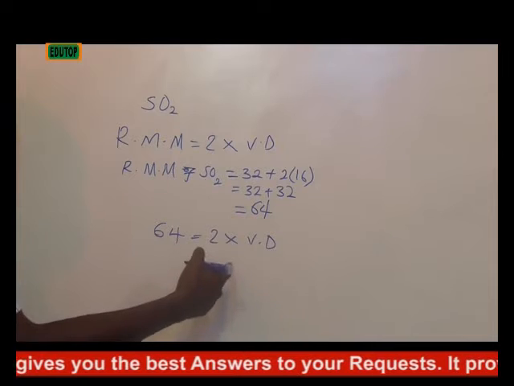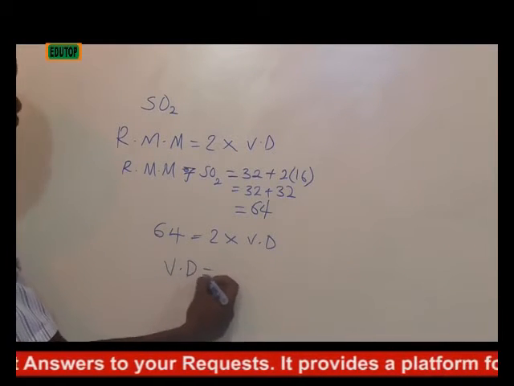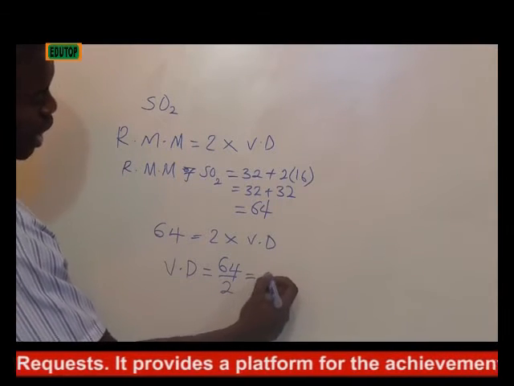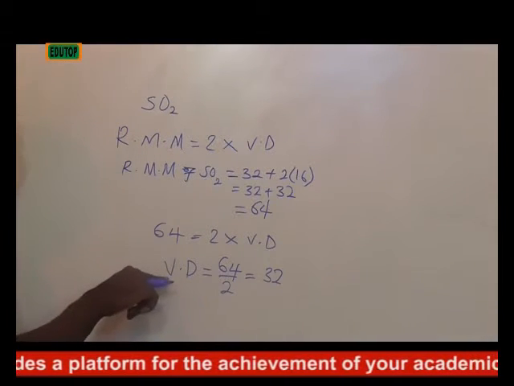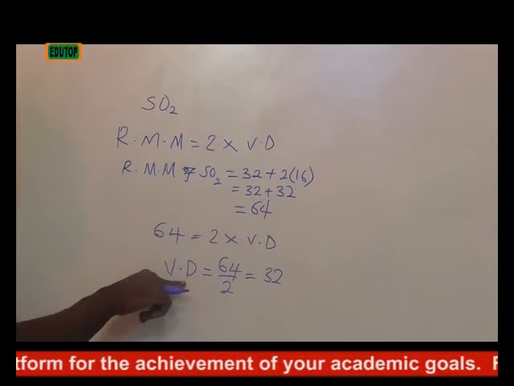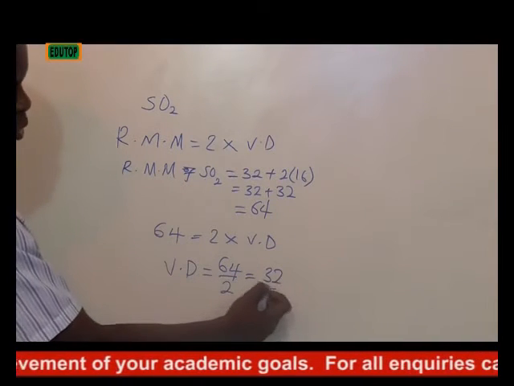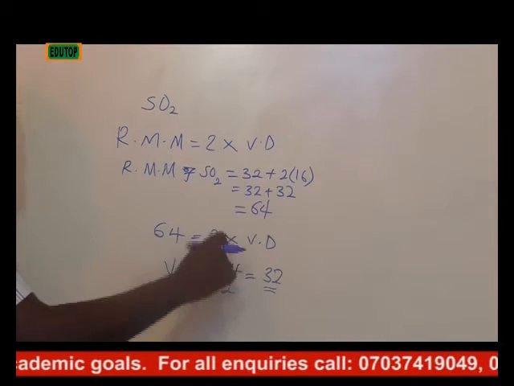Vapor density is equal to 64 divided by 2, which equals 32. So the answer to question A is 32.